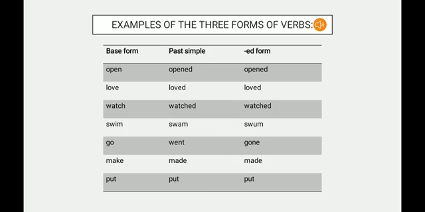Now this is for your extra knowledge, students, that not all the past simple or past participle words are formed by adding ed or something. We do have different rules that come in between. Like for example, in the tenses we have go, went, gone. So we don't have go, gone or something.